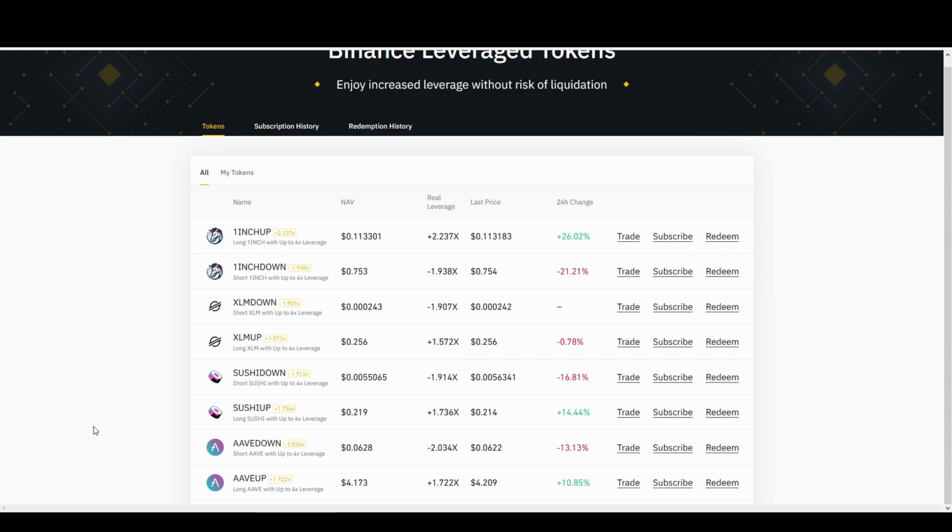Always remember, if your coin starts going the opposite way, the loss you'll be making will be multiplied by the leverage. So it's always a good thing to not hold a leverage token for a long period of time. It's always for when you want to make a short, quick profit.